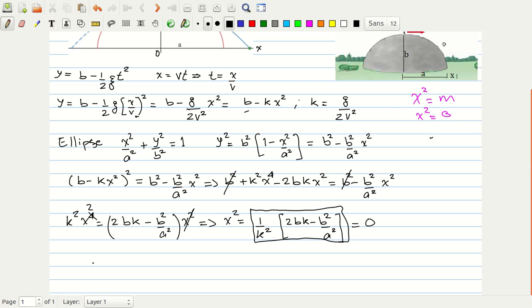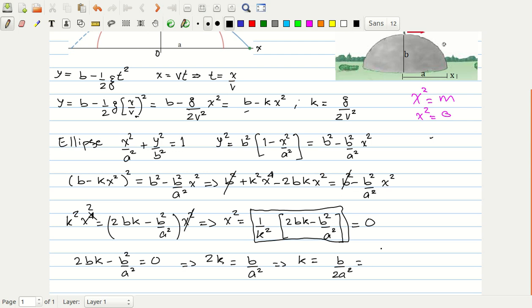So this implies that 2 times bk minus b square by a square should be equal to 0. b can be taken out common, so you get 2k should be equal to b by a square, right? And therefore you get that k should be equal to b by 2a square.